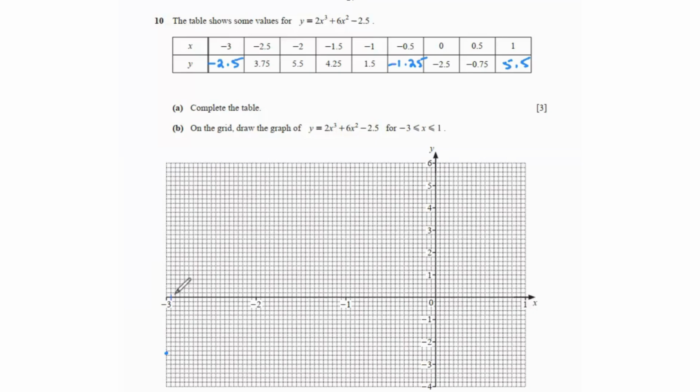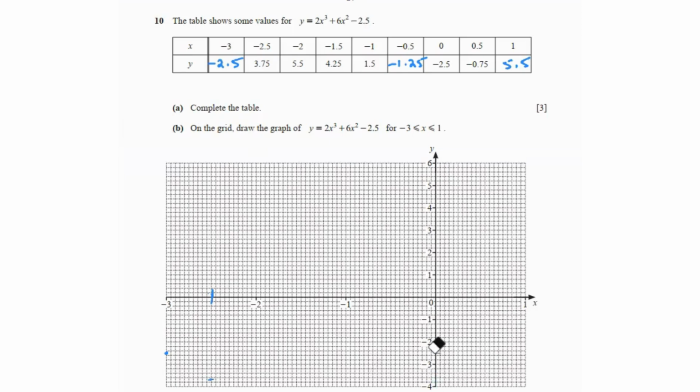That's in the middle, where each square is 2. So 2, 4, 6. Somewhere over here.